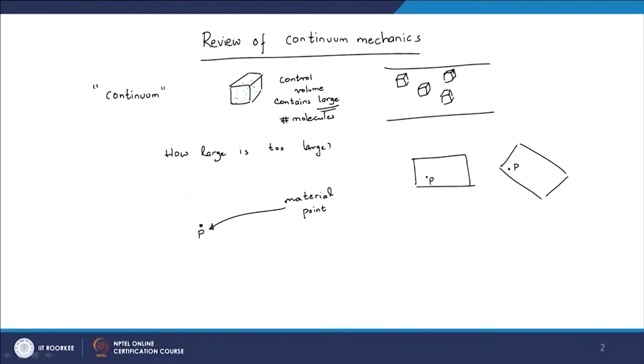So, if I look at any material point within the fluid, I can talk about a small volume around that material point that I would refer to as control volume, say V, and which may have certain surface dS.